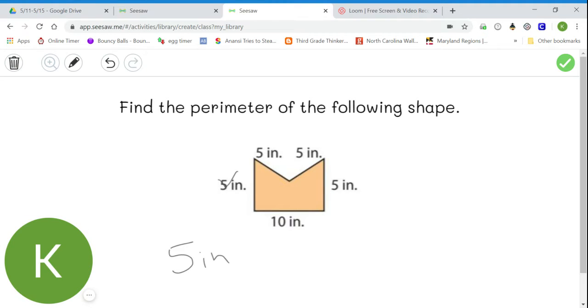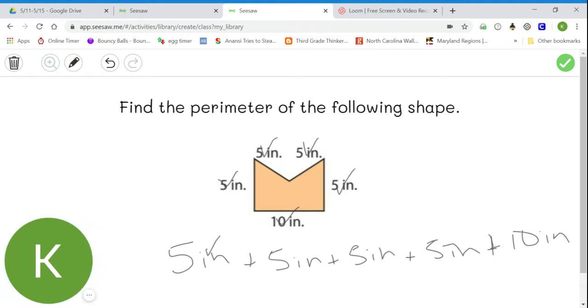5 inches plus 5 inches plus 5 inches plus 1 more 5 inches, and finally plus 10 inches. Now, this looks like a lot to do in one go, but we're working with 5s and 10s.